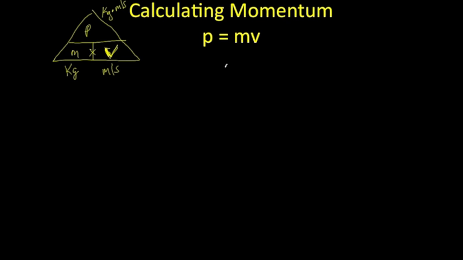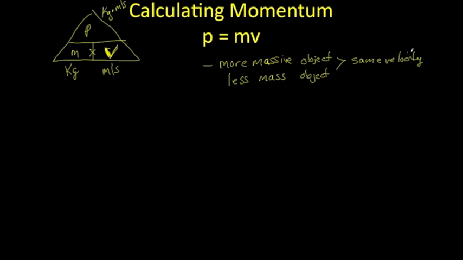A more massive object, meaning an object that has more mass, and a less massive object, if they have the same velocity, the more massive object will have more momentum.